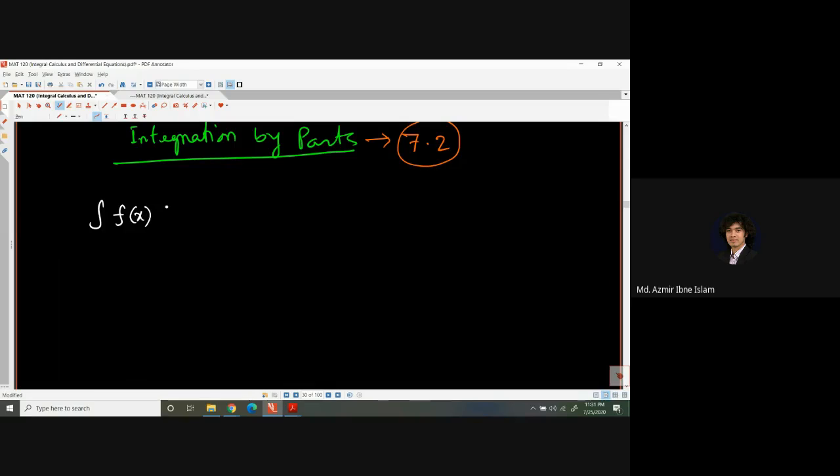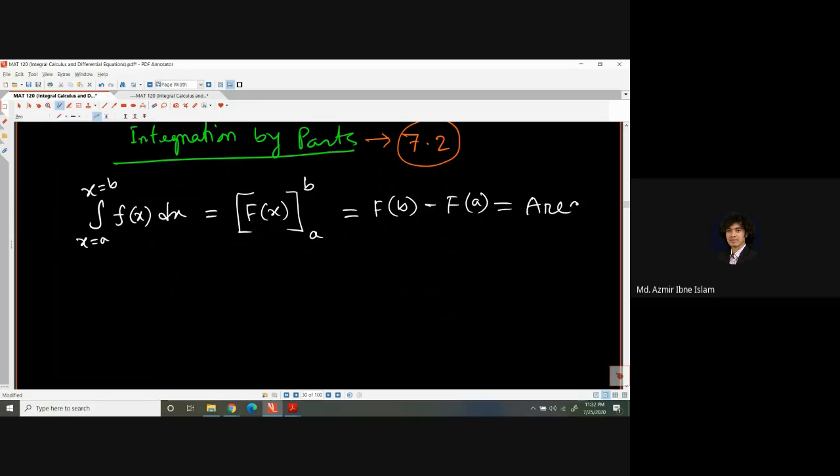We are integrating f of x from x equal to a to x equal to b, and finally we will get an area. But at first we get the answer of integration, which is known as the antiderivative, with upper limit and lower limit. To solve this, we can apply the fundamental theorem of calculus, which says antiderivative at upper limit b minus antiderivative at lower limit a. Finally, we will get the area.